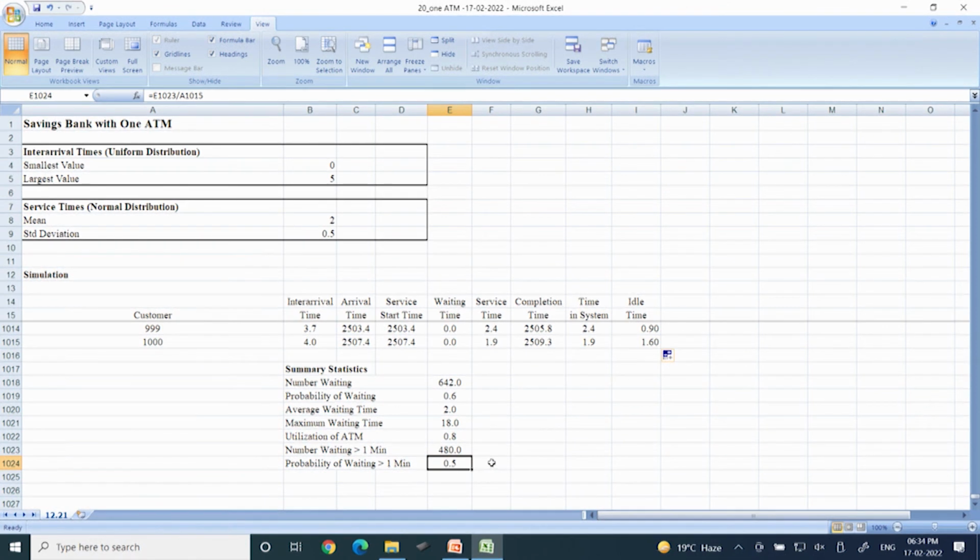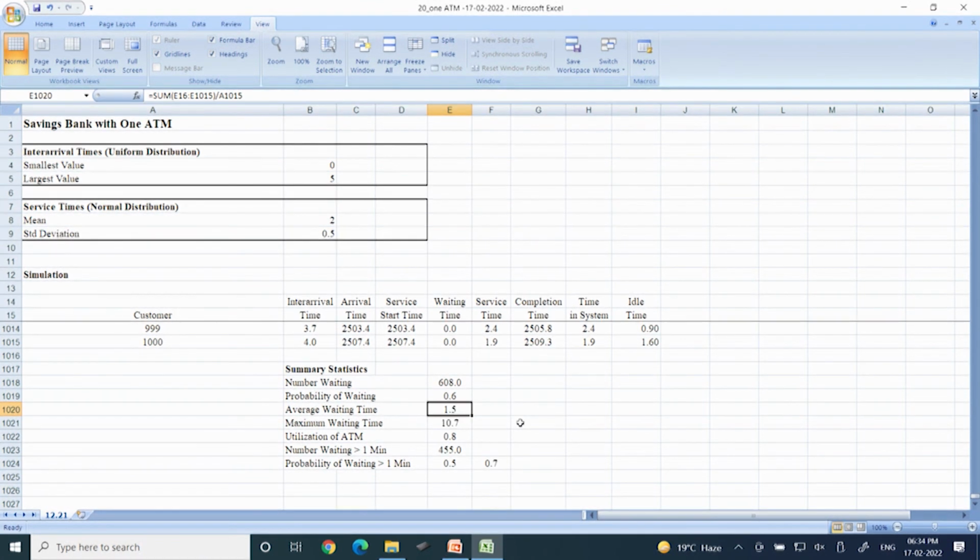So, we can write it this way: number of people waiting more than 1 minute upon number of people waiting. So, that is 0.6. But the very important summary statistic here is the average waiting time. Now it shows the average waiting time is 1.